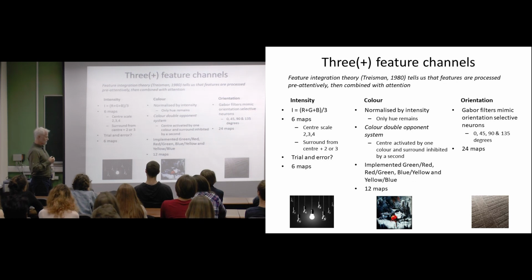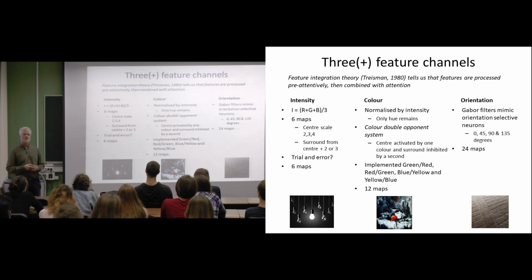Now, you can take those types of neurons and apply it to different types of data in that image. Here's where theory comes back in, cognitive theory. We have a wonderful, very strong, well-established theory in cognitive psychology called feature integration theory. And this was Treisman back in the 1980s.